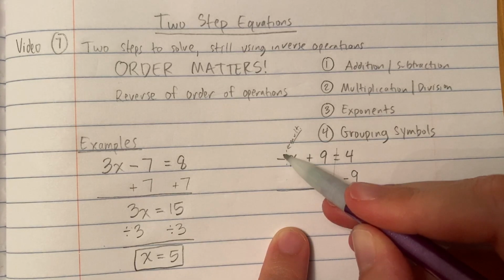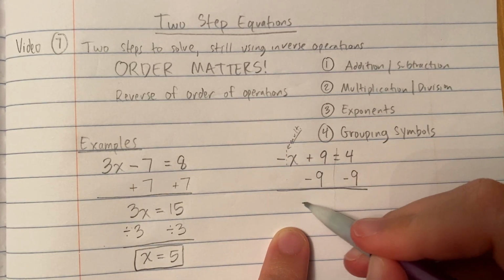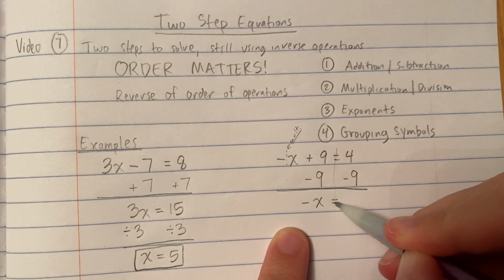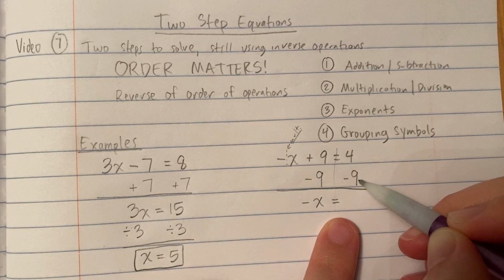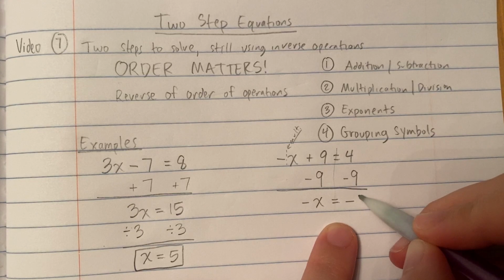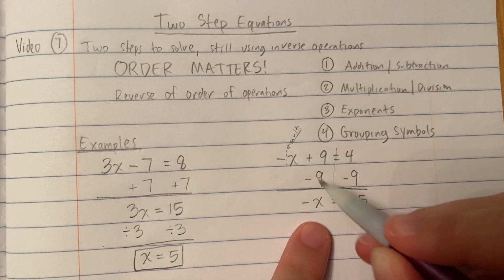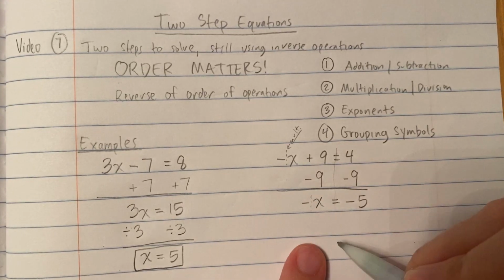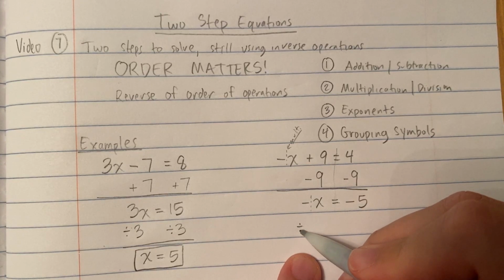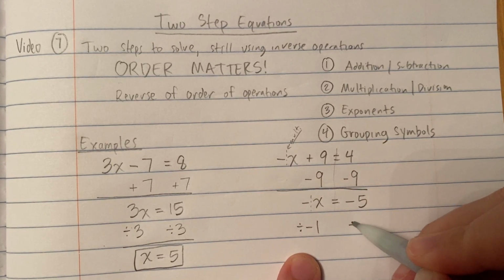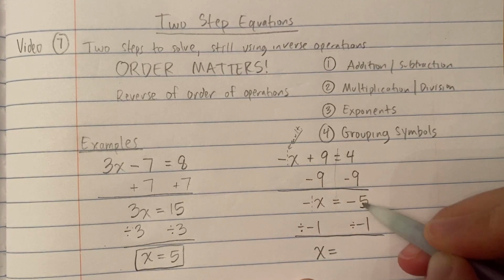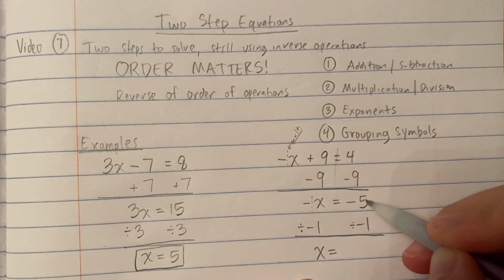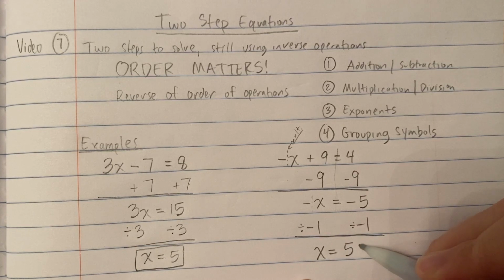Okay, so then I'm going to bring down negative x equals, this is 4 minus 9, negative 5. Okay, now remember this is negative 1 times x. So I'm going to divide by negative 1 and divide by negative 1. And I get x equals negative divided by negative is a positive. 5 divided by 1 is 5.